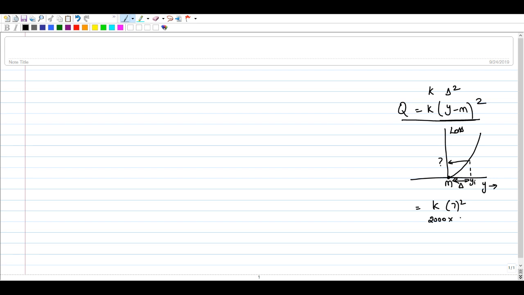So 2000 times 49 will be equal to 98000. I don't recall exactly what the question was, but if the question was something like, Q was 9800, find k, then k is equal to 9800 divided by 49, and that is 200. That's how we do it.